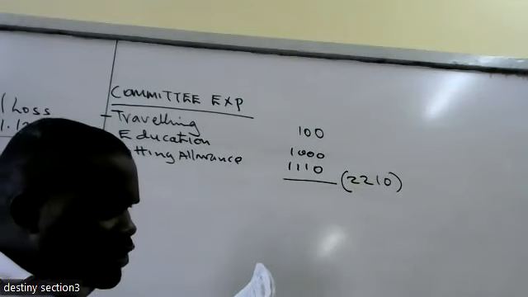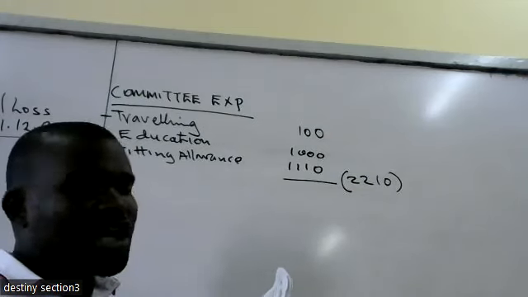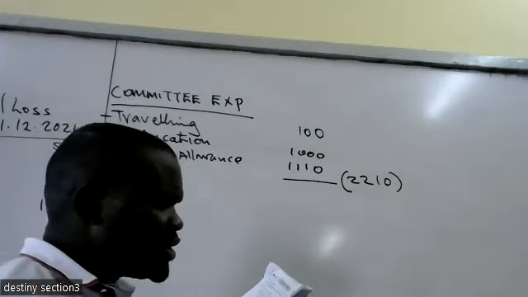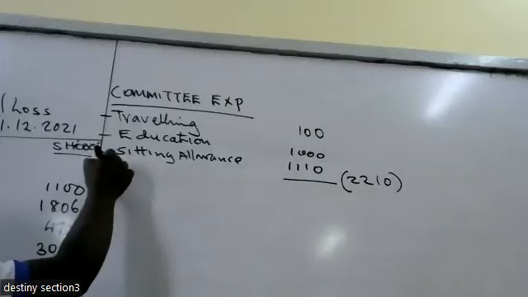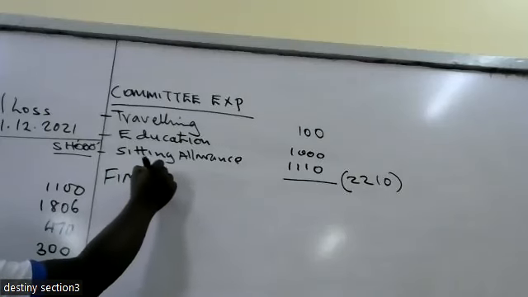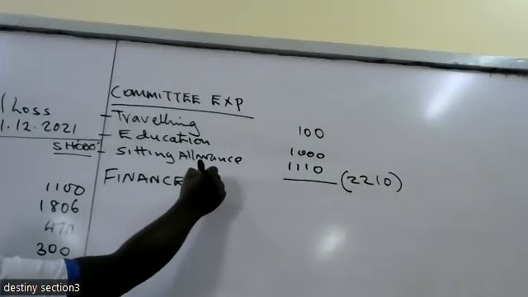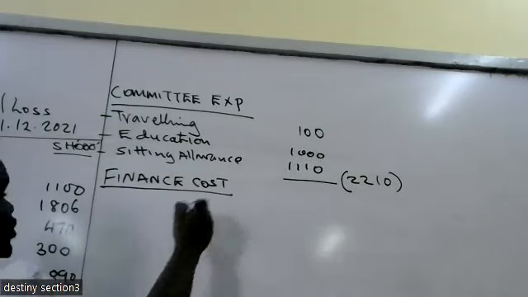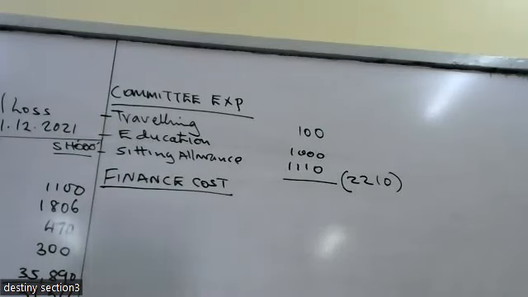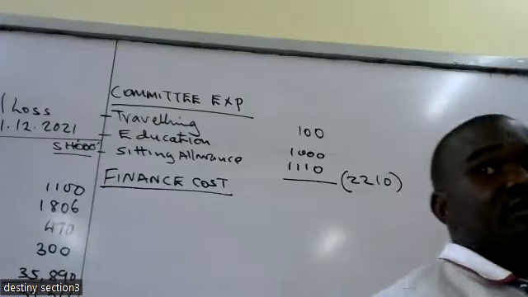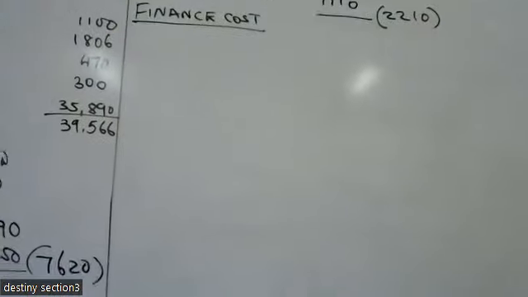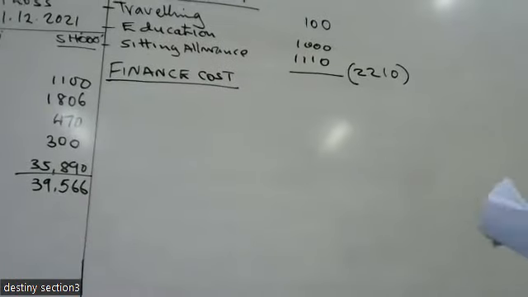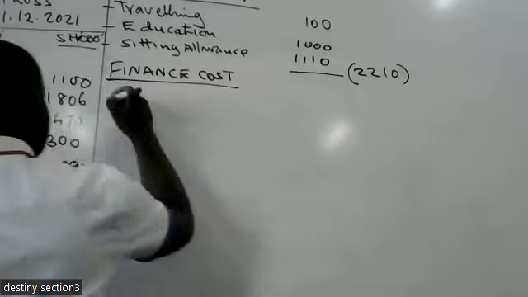Next expense after committee, bank charges. Bank charges and bank interest, you bring them under one and you call them finance costs. Finance costs are things like interest and bank charges. Bank overdraft is a liability, so we have bank charges.